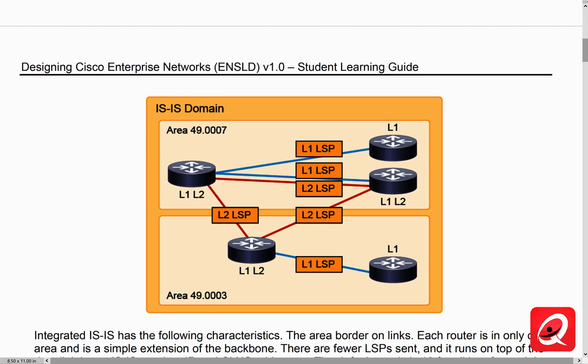All right. But because it was developed as part of the OSI network protocols and not part of TCP/IP, we don't use traditional IP addressing. ISIS addresses are called NETs, N-E-T-S, or network entity titles. That's what NET stands for, network entity titles.